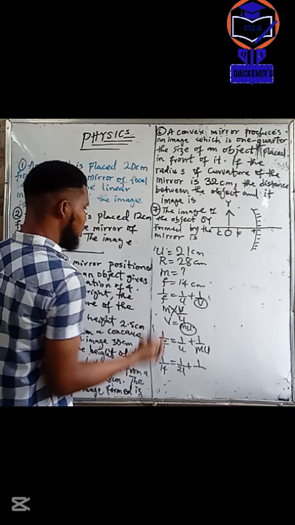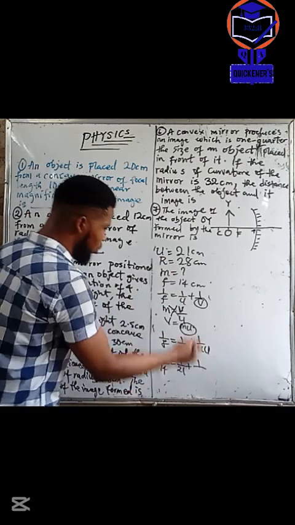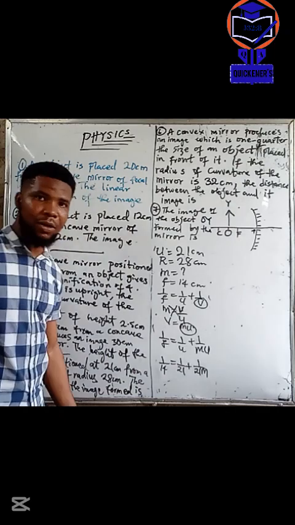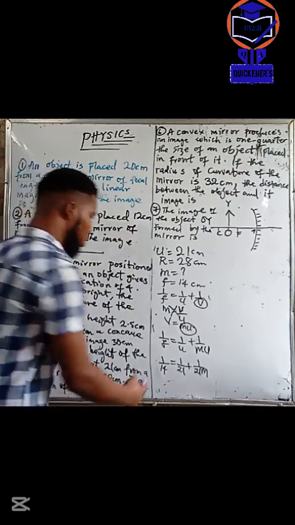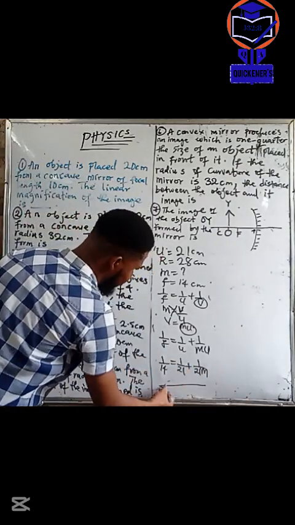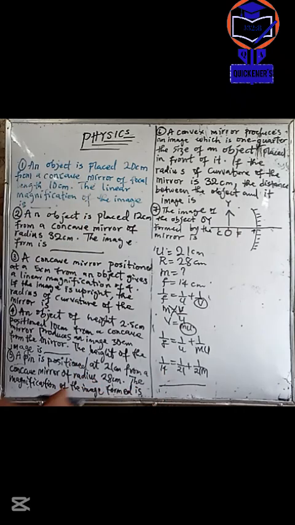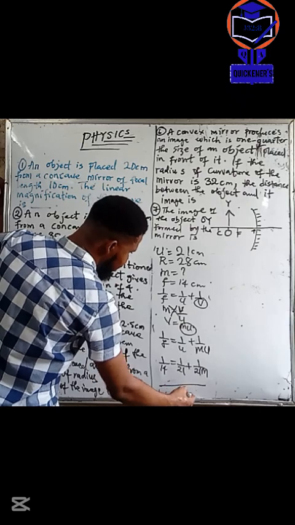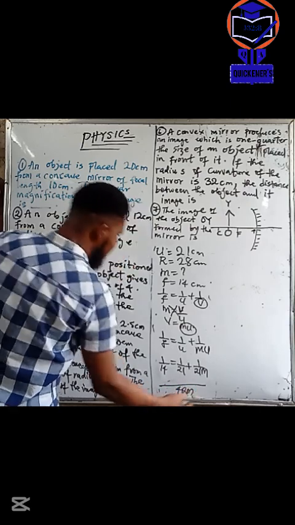We're looking for m. So 21m. So what is the LCM? The LCM is 2 times 21, that's 42m.